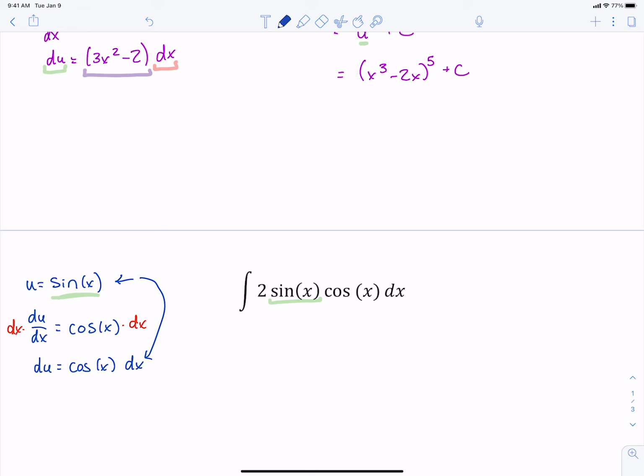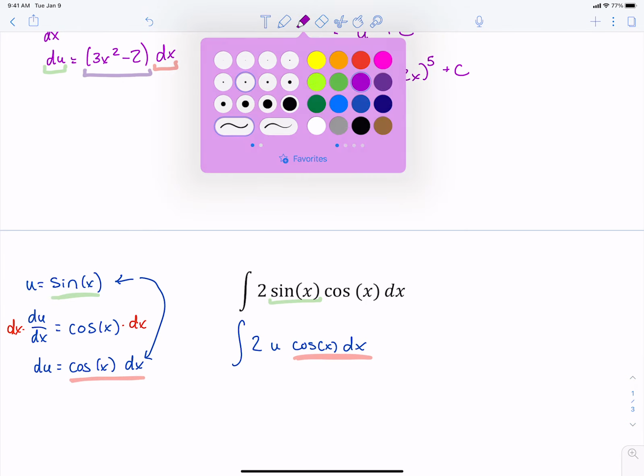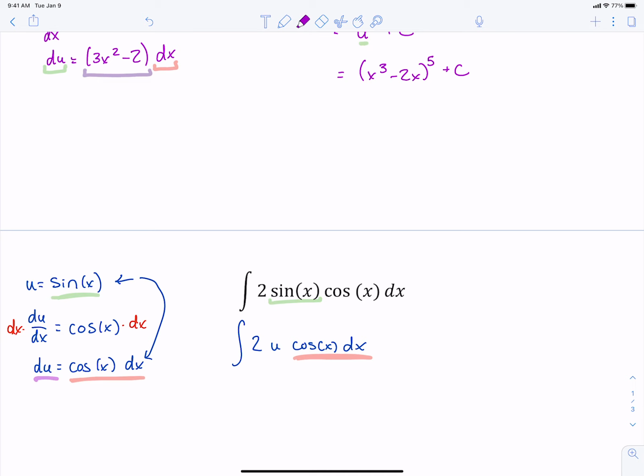So we said u is going to be sine of x. So at least that first part of it gives us 2 times u, cosine of x dx, and then cosine of x dx right there, which is in our integral, that's equal to du. So we can replace our cosine of x dx with du.